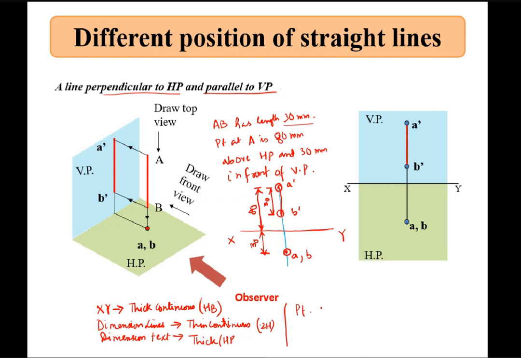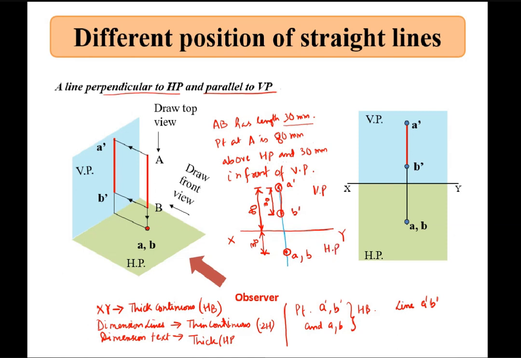Point A dash, B dash and AB, draw using HB pencil, that will be dark. Line A dash, B dash, that you can see here in the front view. This is your VP, this is your HP.